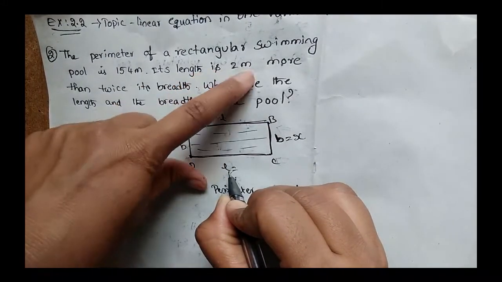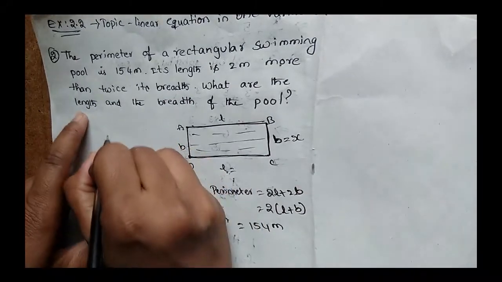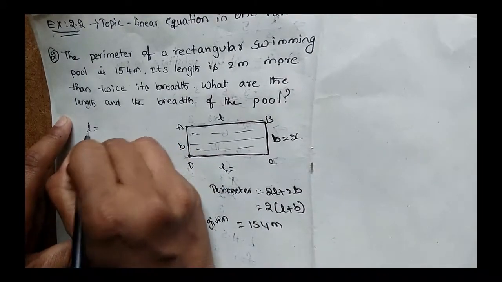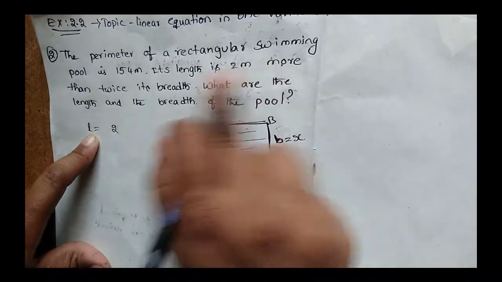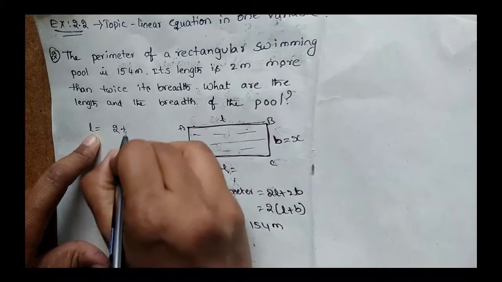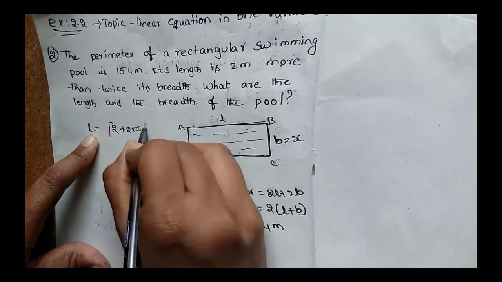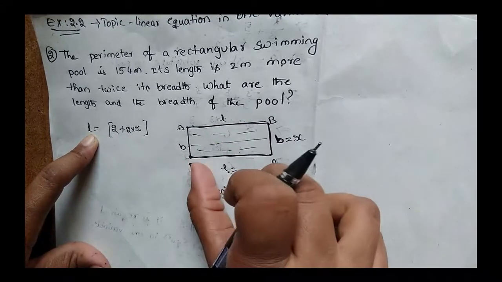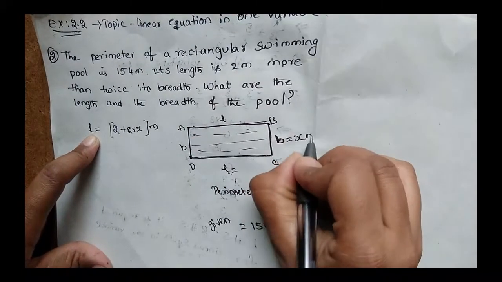Its length is 2 meters more than twice its breadth. So here breadth is X, twice its breadth means 2 into X, in meters.